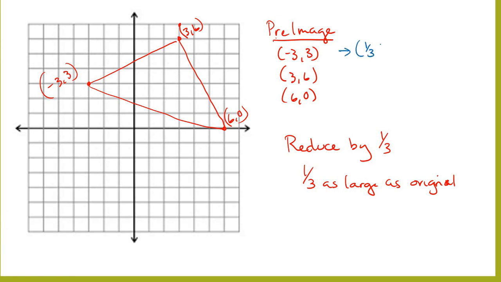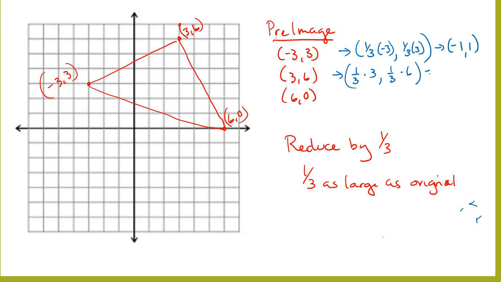So I'm going to take 1/3 times -3 from my x and 1/3 times 3 from my y. So that should be -1, 1. In other words, I'm dividing by 3. Multiplying by 1/3 is the same as dividing by 3. I'm reducing the image to 1/3 as large. So for this one, I get 1, 2.